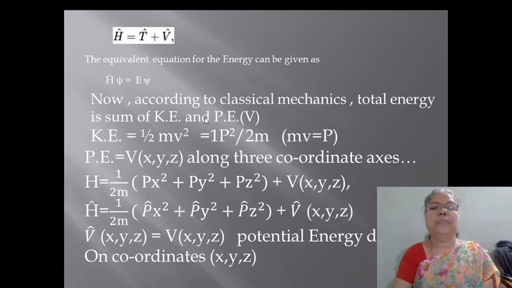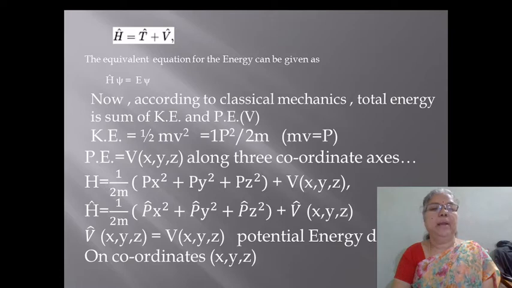In terms of momentum, we can write kinetic energy as p squared by 2m, where p equals mass times velocity, and the potential energy is a function of coordinates. Therefore, we can write PE equals phi(x, y, z). These are the coordinates.